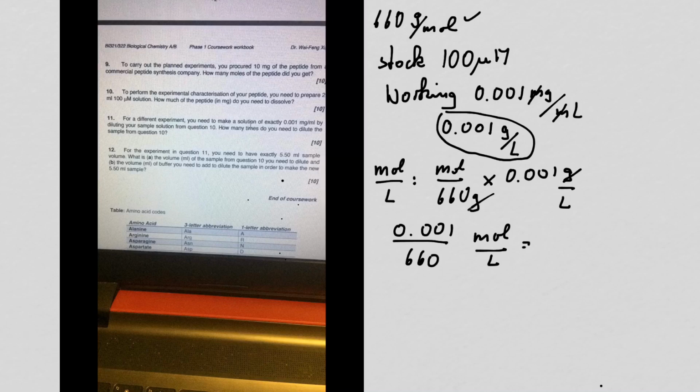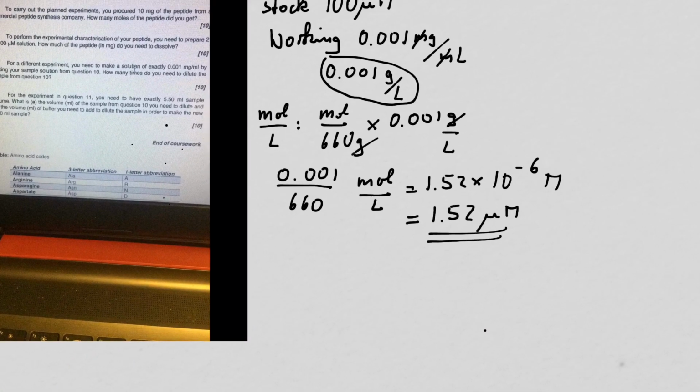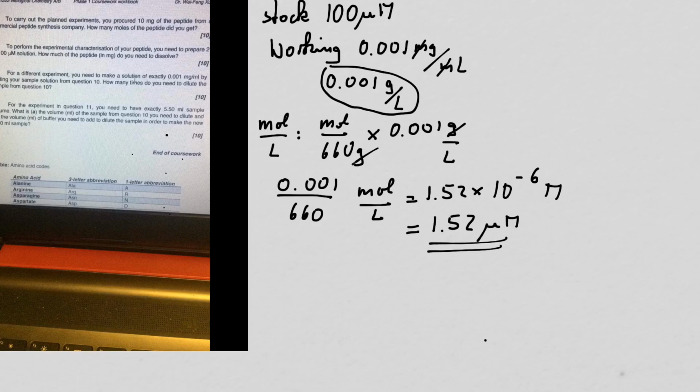So that gives us 1.52 times 10 to the minus 6 molar, which is the same as 1.52 micromolar. Now we want to figure out what is the dilution, how we have to dilute that.